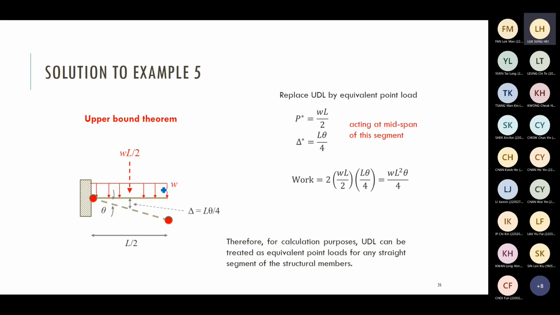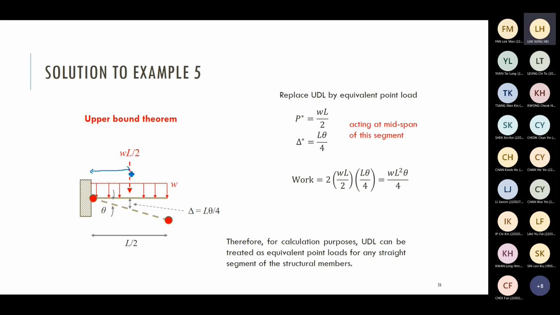There is another way. I think it's more straightforward. I directly consider 1/2 of the structure because of the symmetrical arrangement. This 1/2 of the structure is under UDL. Using the same theory, you can replace UDL by one equivalent concentrated force acting at the middle of this UDL. Actually, we used that same concept in the previous part.